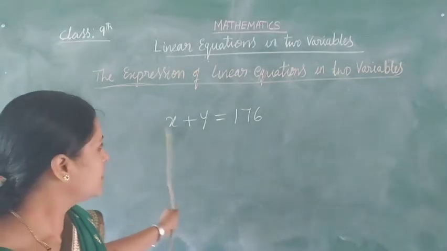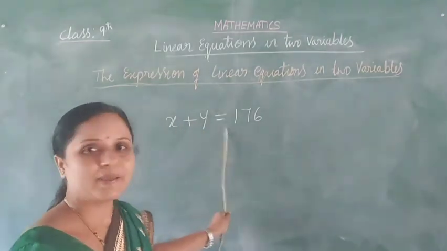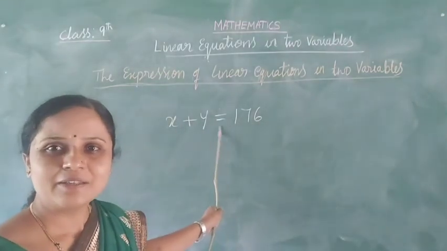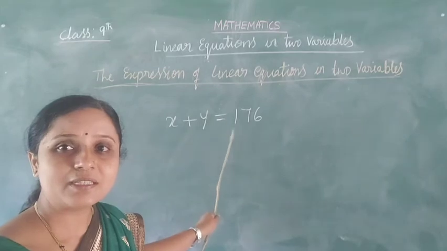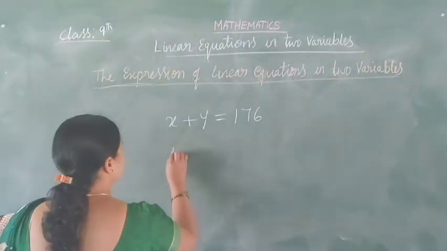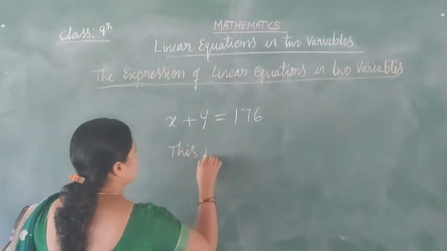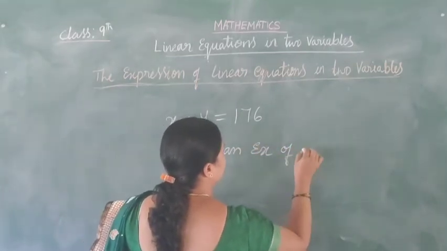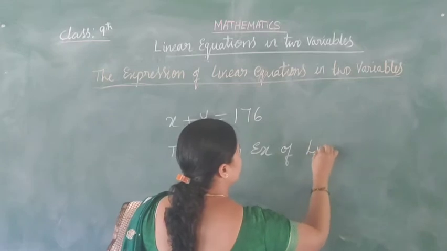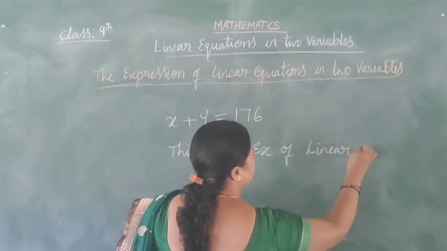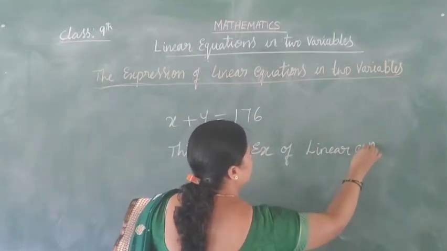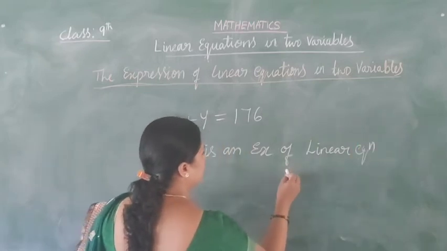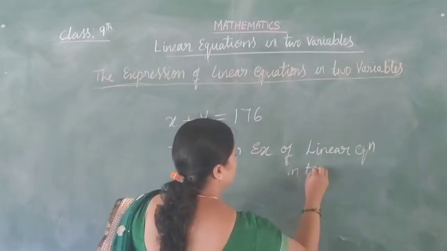So here there are two variables. Understand? So this is an example of linear equations in two variables.